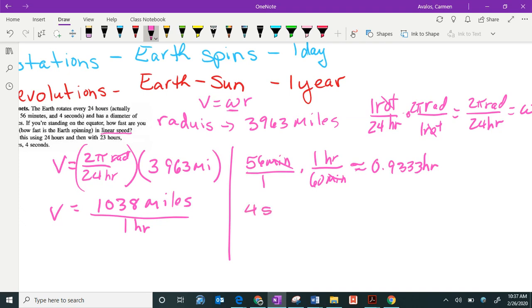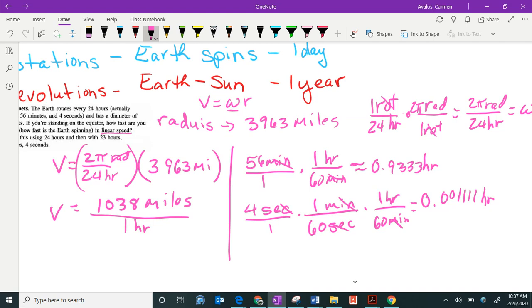Then we have 4 seconds to change to hours: 60 seconds is 1 minute and 60 minutes is 1 hour, so the minutes and seconds cancel, and we get approximately 0.001111 hours.